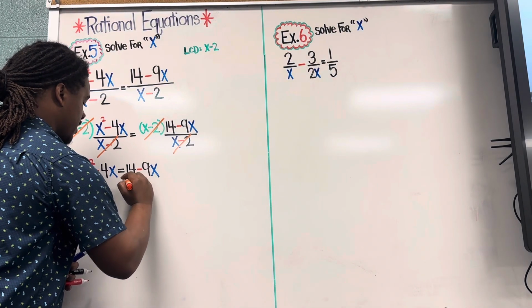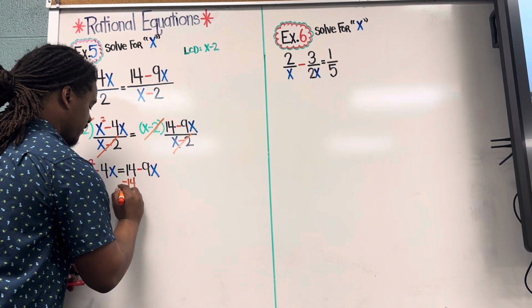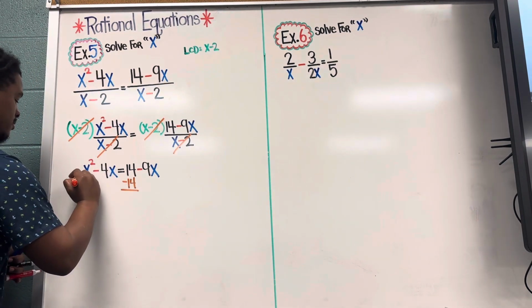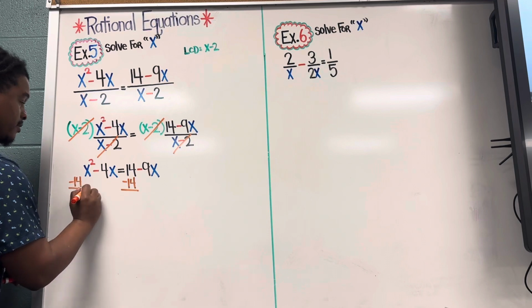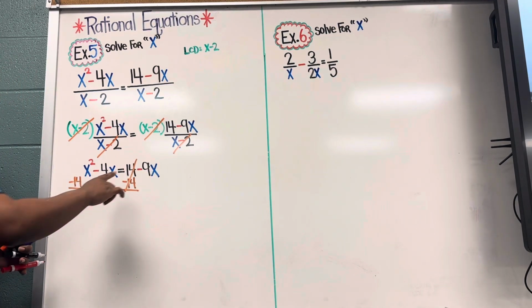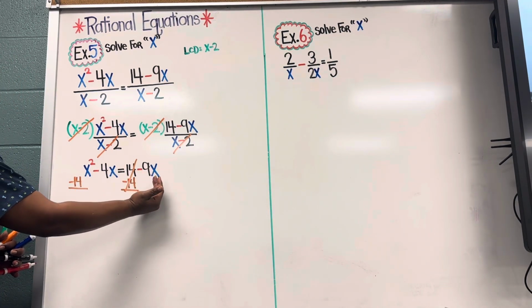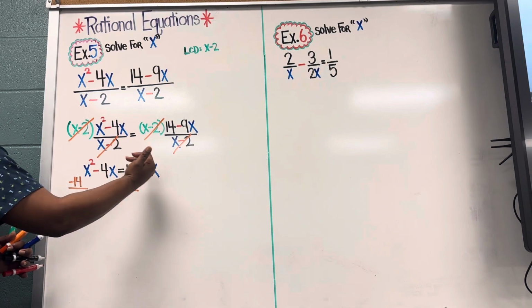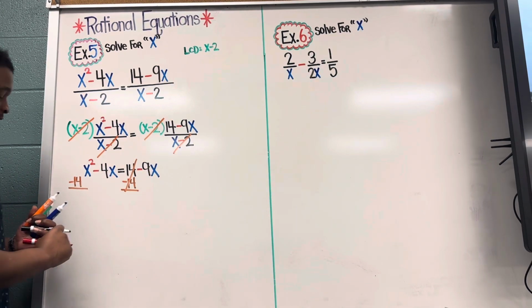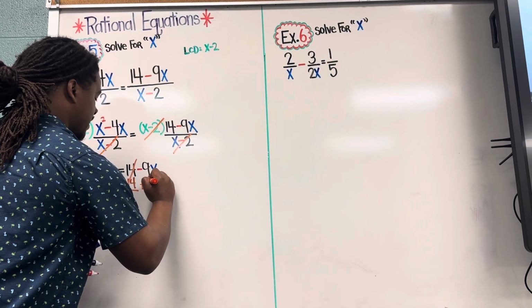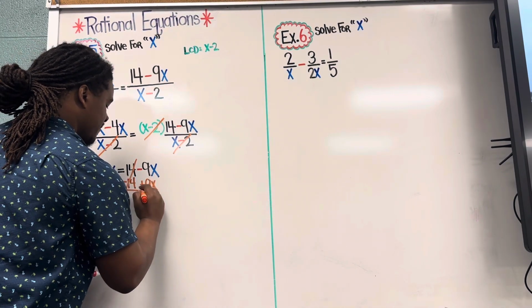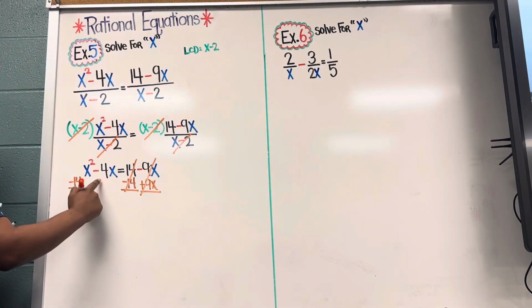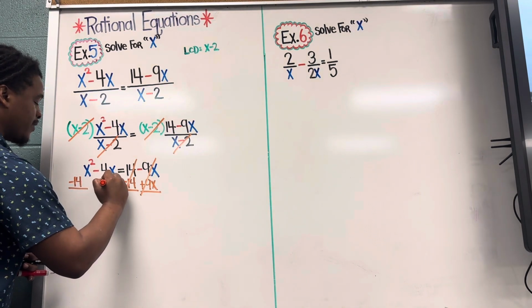So I'm going to subtract 14 from both sides. Okay, that's going to cancel out. And then I have a negative 9x. In order for me to move it to this side, I have to do the inverse, which is the opposite of negative 9x, which is positive 9x, or plus 9x. So that's going to cancel out, and I'm going to add this to the negative 4x.